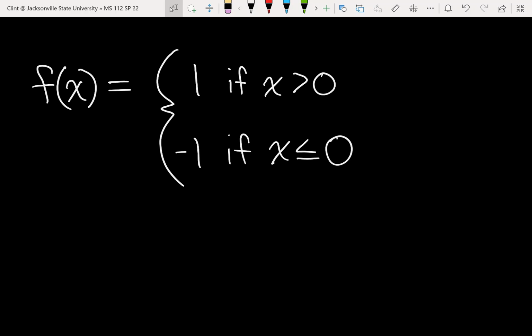The only difference, they look way scarier, but they're not way scarier. The only difference is that we switch up which rule we're using depending on our x values.